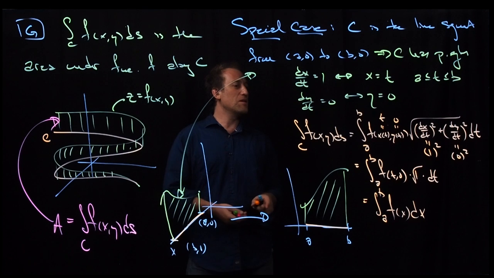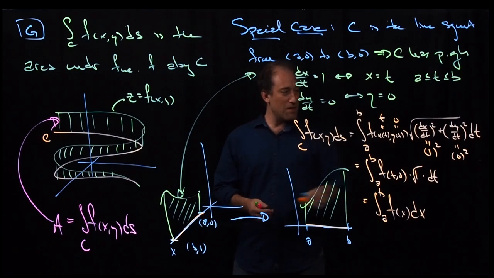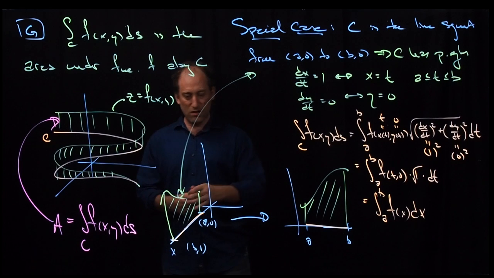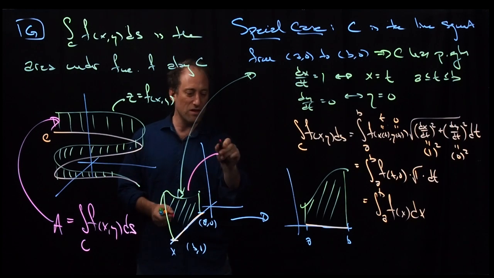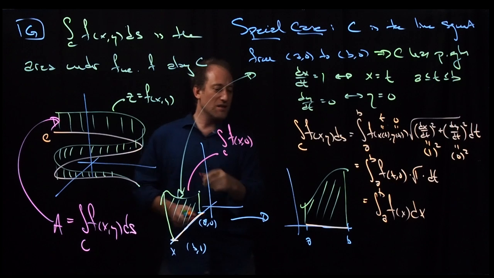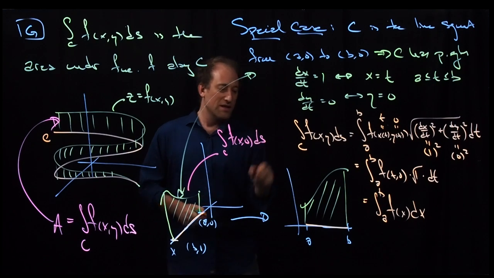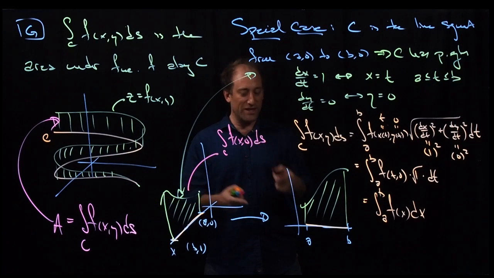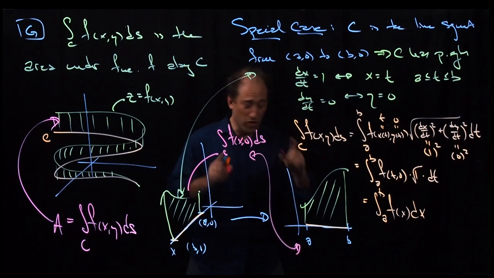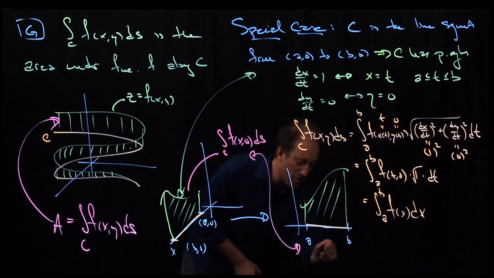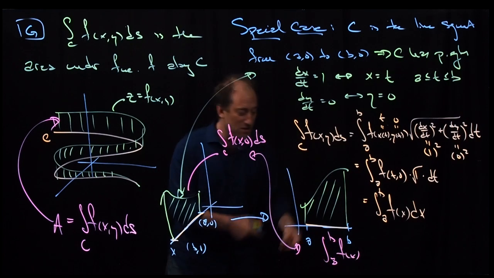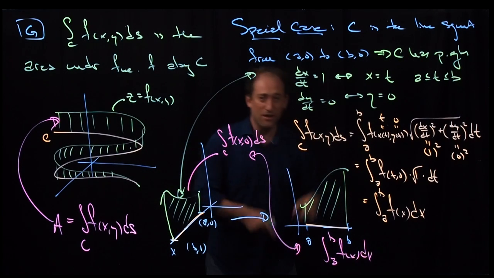Here it goes by this name, namely the line integral of f of x comma 0 ds, but in this really nice case, it will reduce to the good old-fashioned case of the integral of f of x dx.